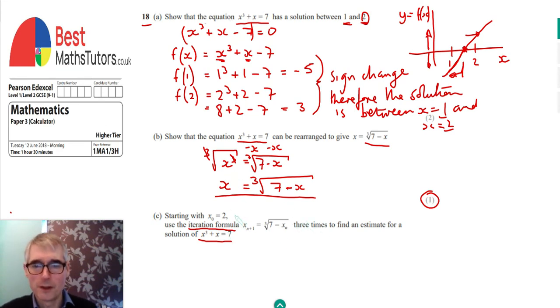So let's have a look what this actually means. We've got x n plus 1 equals the cube root of 7 minus x n. Now, notice what I've done is I've added a 1 to the value of n there compared with the n on the other side of the equals.